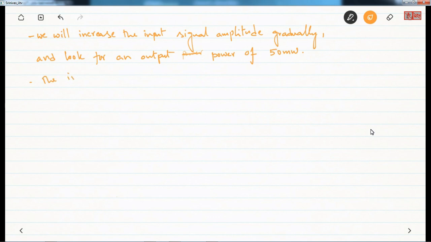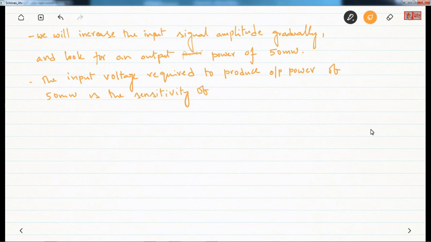So the input voltage required to produce an output power of 50 milliwatt is the sensitivity of the receiver.